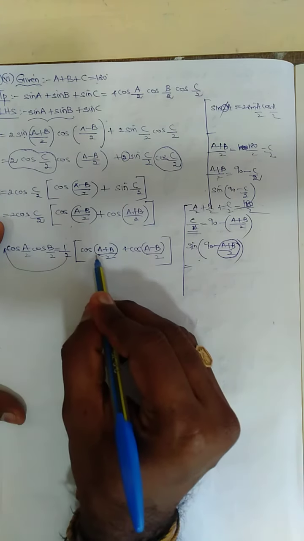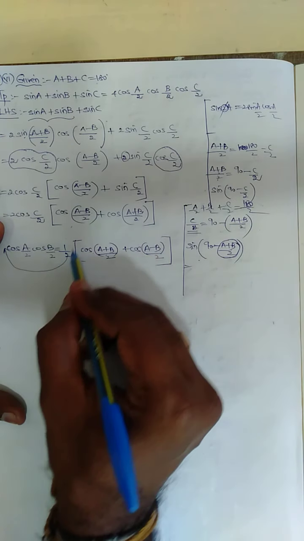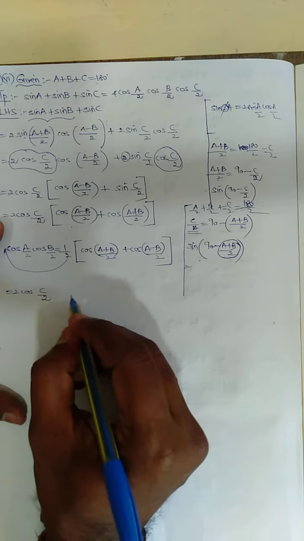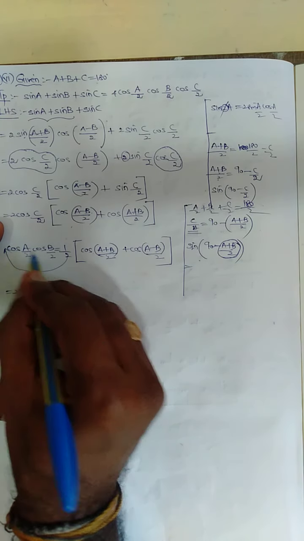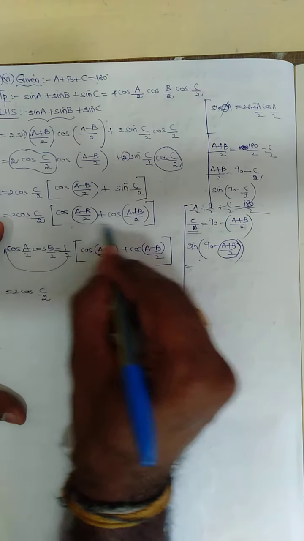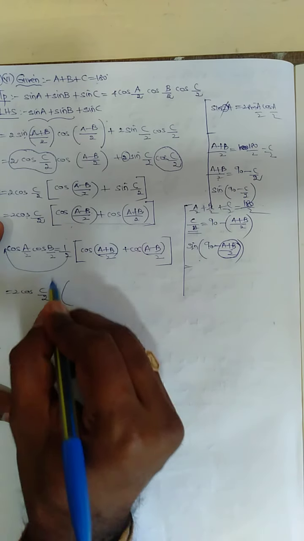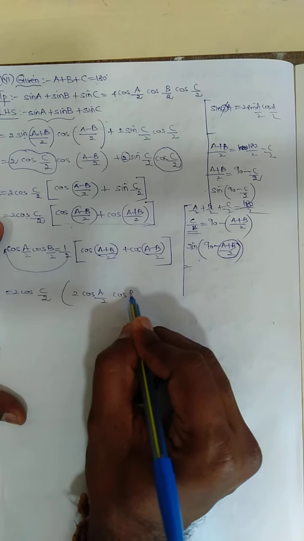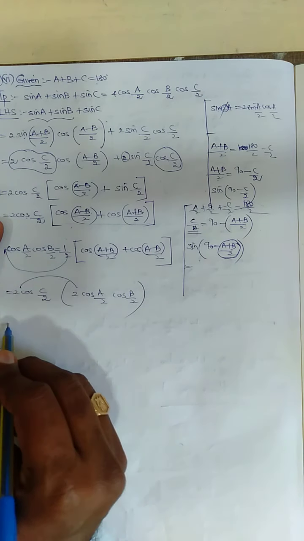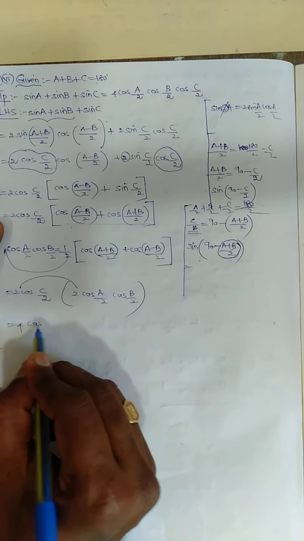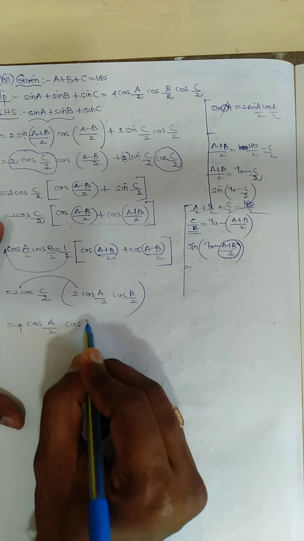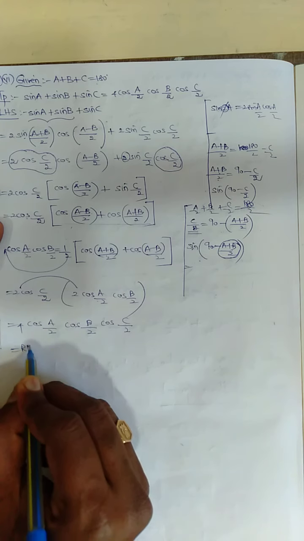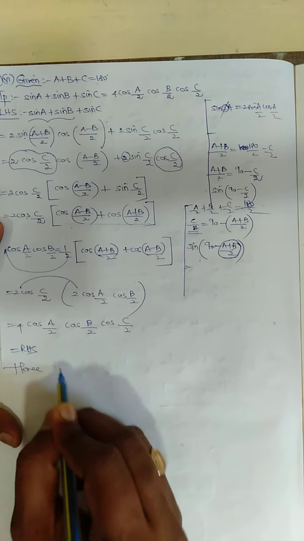This 2 moves here, so we get 2 cos a by 2 into cos b by 2. Then 2 2s are 4: 4 cos a by 2 cos b by 2 cos c by 2 is equal to RHS. Hence proved.